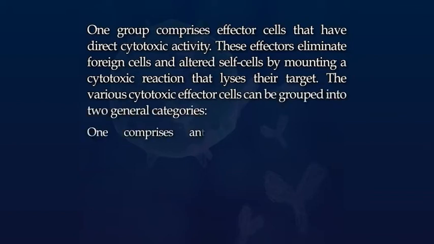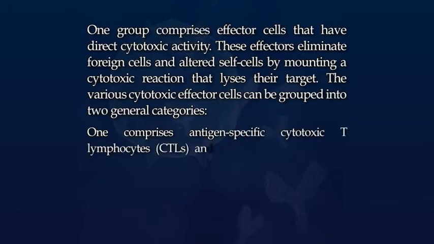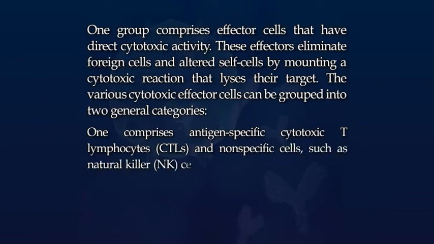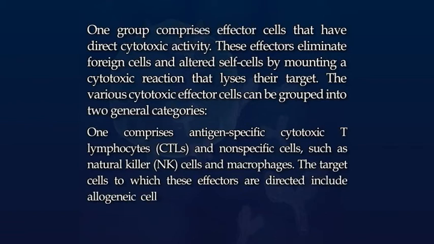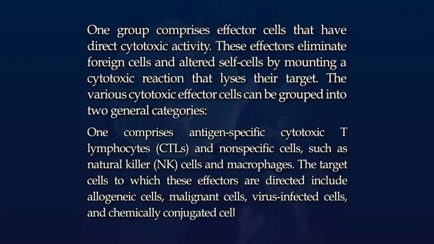One comprises antigen-specific cytotoxic T lymphocytes or CTLs, and non-specific cells such as natural killer cells and macrophages. The target cells to which these effectors are directed include allogeneic cells, malignant cells, virus-infected cells, and chemically conjugated cells.